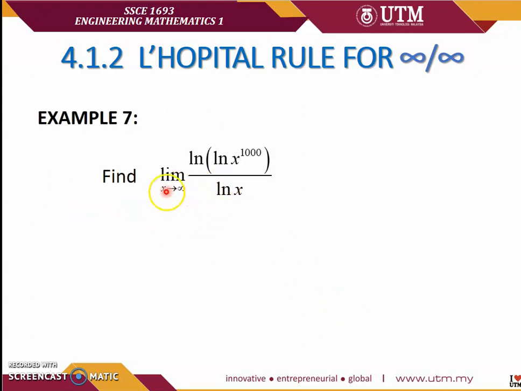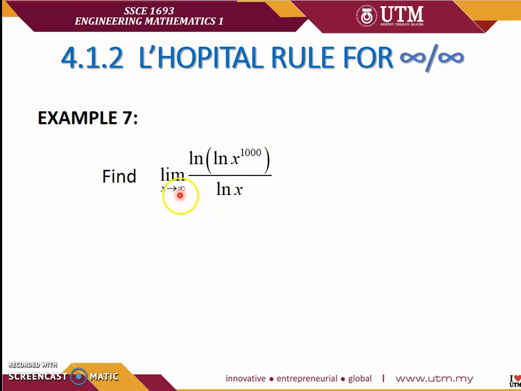Let's say we have the limit x tends to infinity, and the function f(x) is ln x to the power of 1000 over g(x) is ln x.